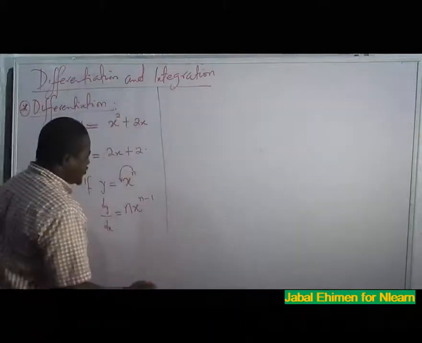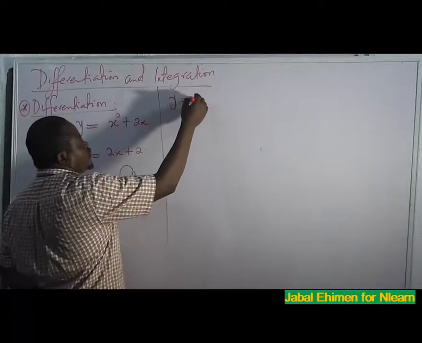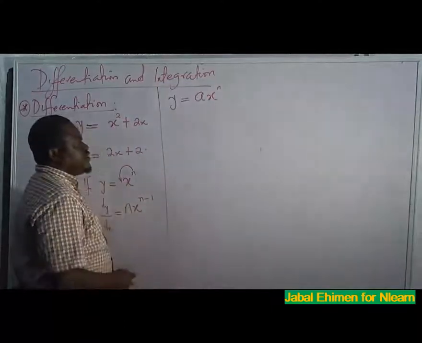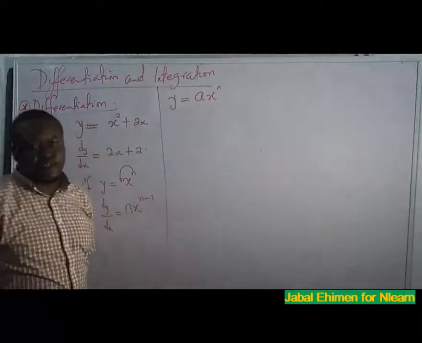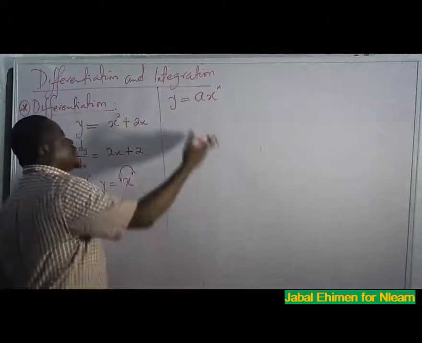But what about a situation where y is equal to ax^n? The a itself is a constant value. A constant is that value that you know. But the x is a variable.